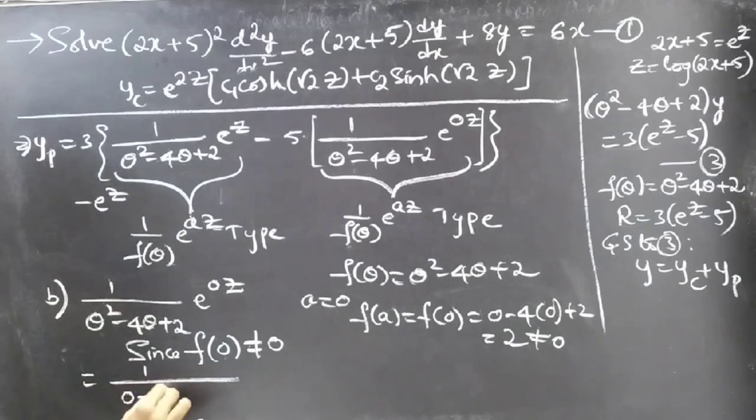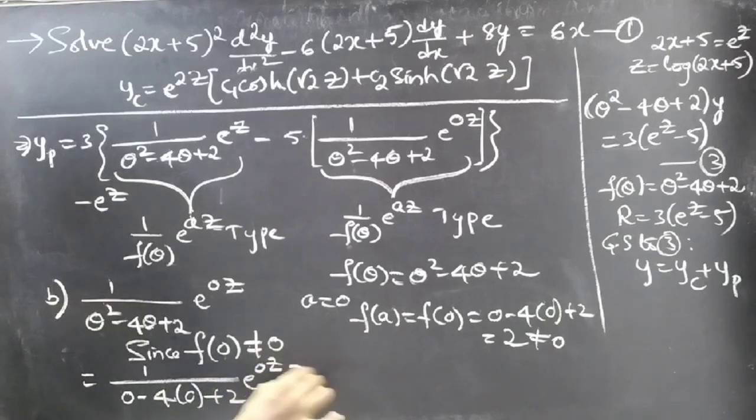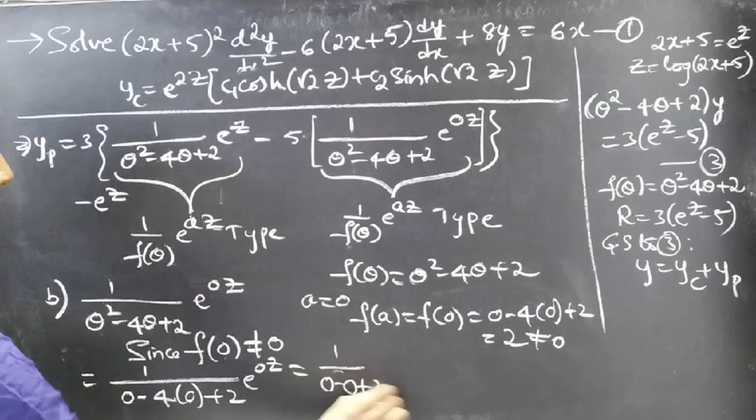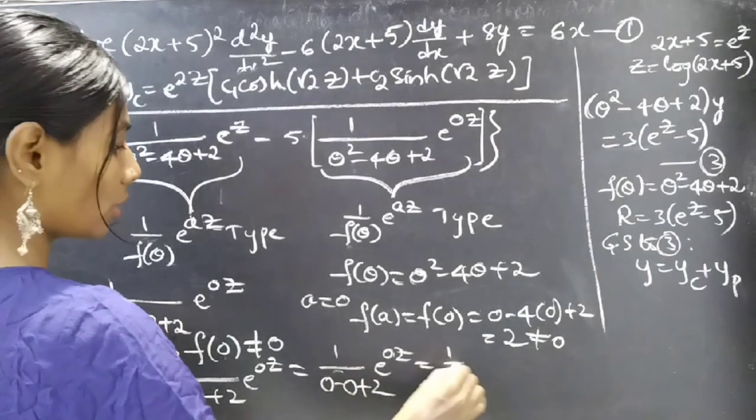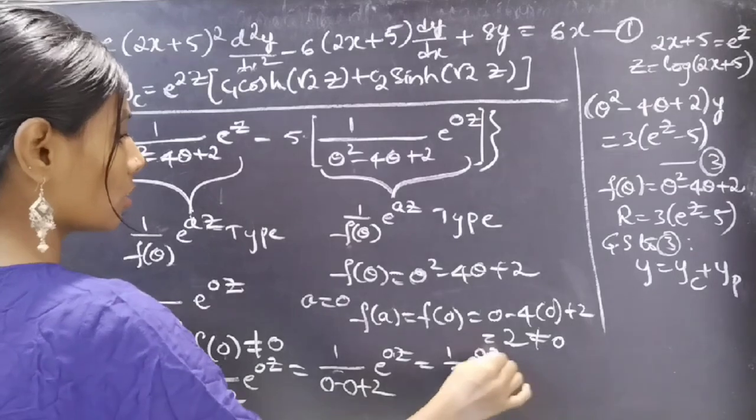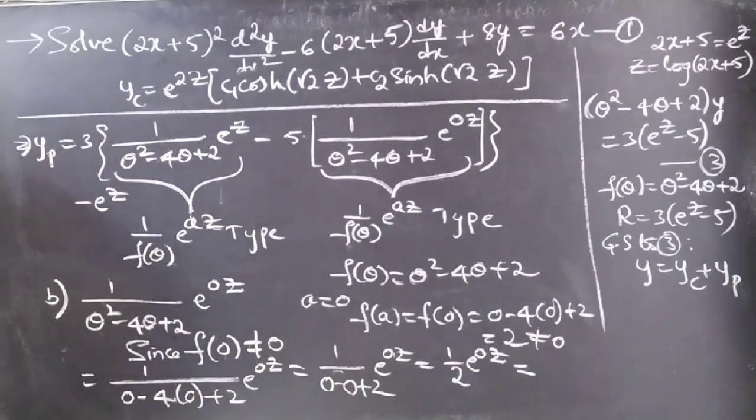You'll get 0 minus 4 into 0 plus 2 into e power 0 z, which gives us 1 by 0 minus 0 plus 2 into e power 0 z, which is equals to 1 by 2 into e power 0 z. Again, e power 0 z is 1, right?